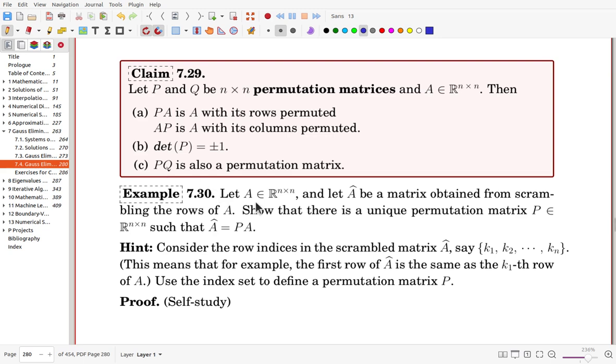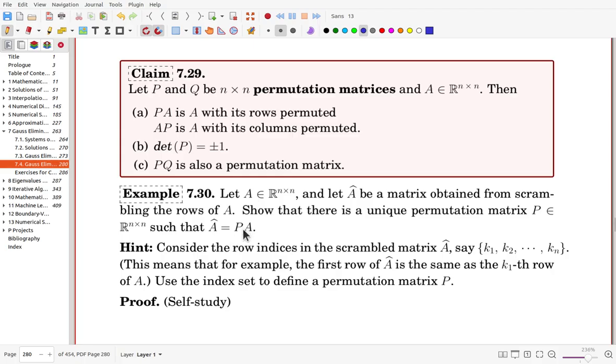Let's see this one. A is a square matrix, and A hat is a matrix obtained from scrambling the rows of A. Then you can show that there is a unique permutation matrix P such that A hat is P multiplied from the left-hand side to A. So row scrambling is exactly a permutation matrix multiplied from the left-hand side.